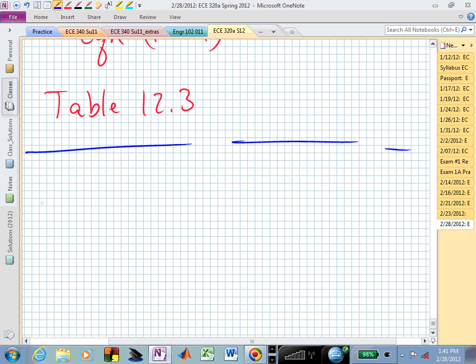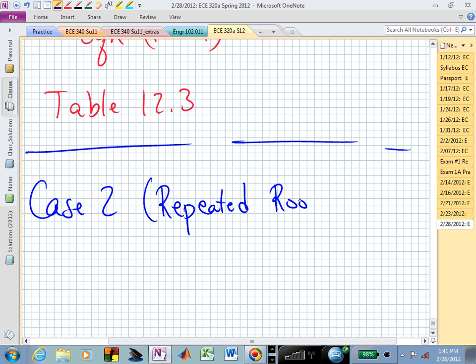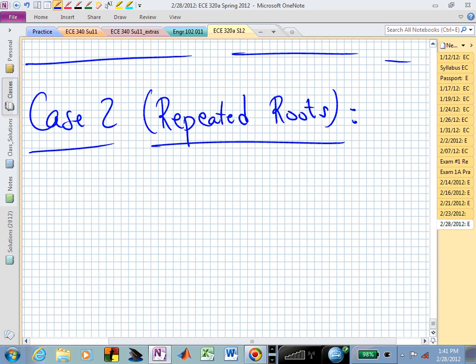But let's now look at case 2, which is the case for repeated roots.